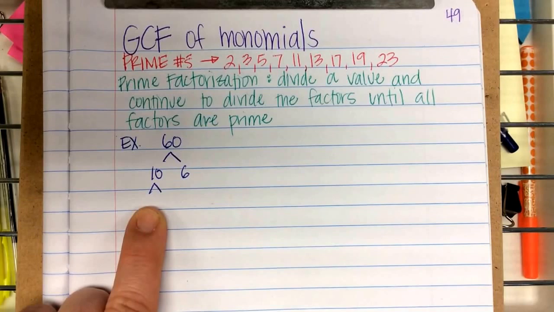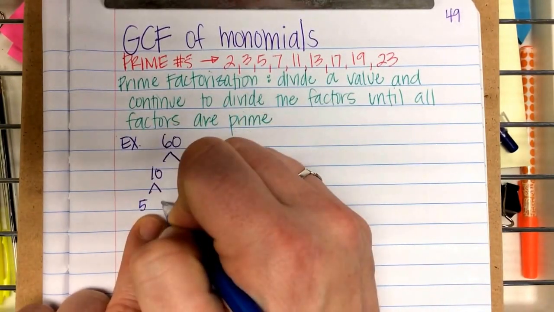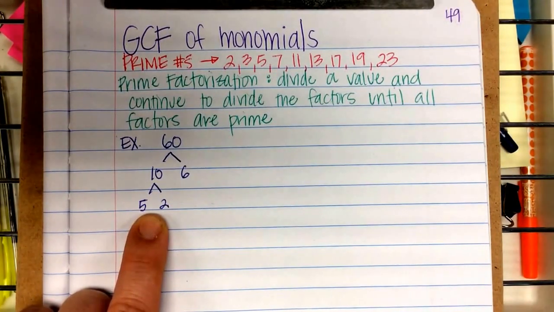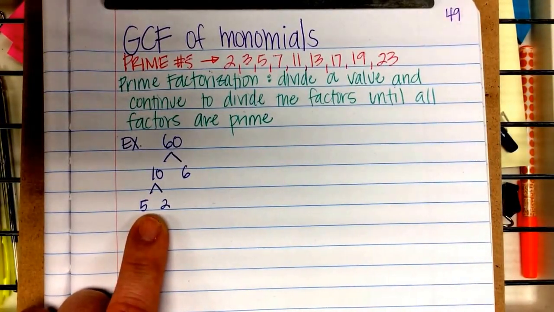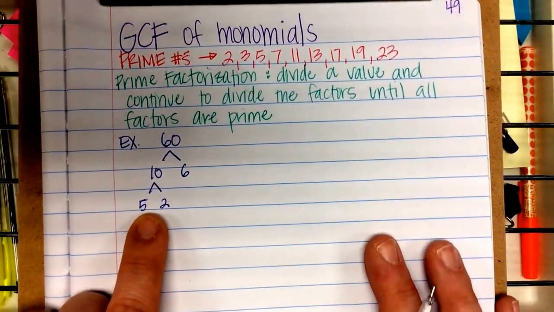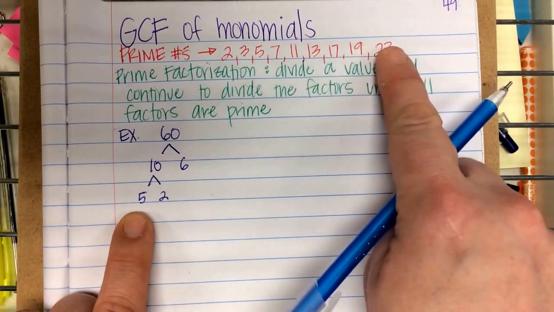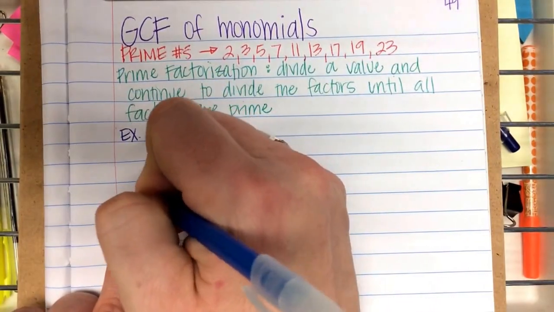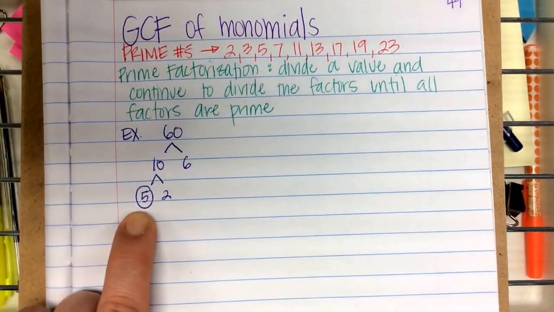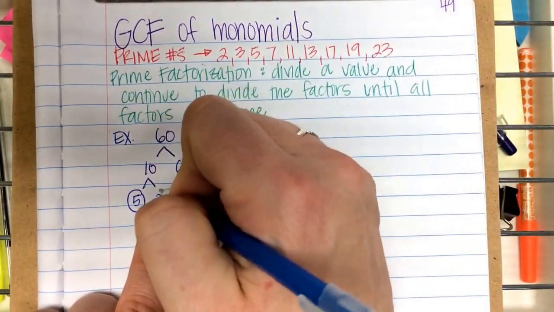What times what is 10? 5 times 2 is 10. Is there any other combination that would have worked? No. Is 5 in my list of prime numbers? Yes. So I'm going to circle it because I'm done. And is 2 in my list of prime numbers? So I'm done.